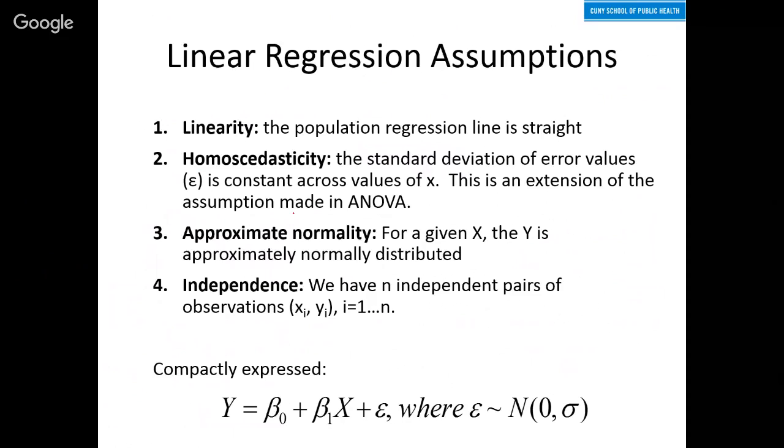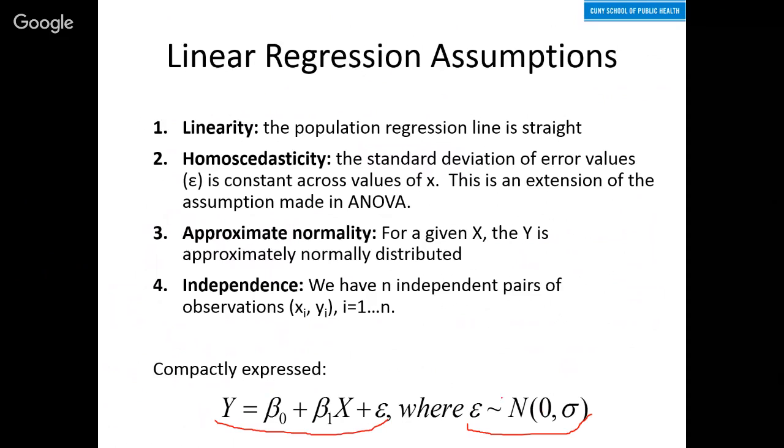All of these assumptions have a compact representation. If we just write out the regression equation, with this about the error terms. So the beta 1x, this tells us that the true association in the population between x and y is linear.